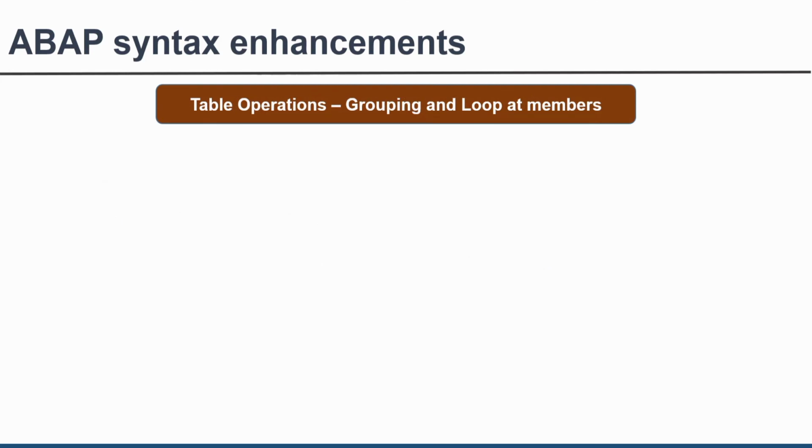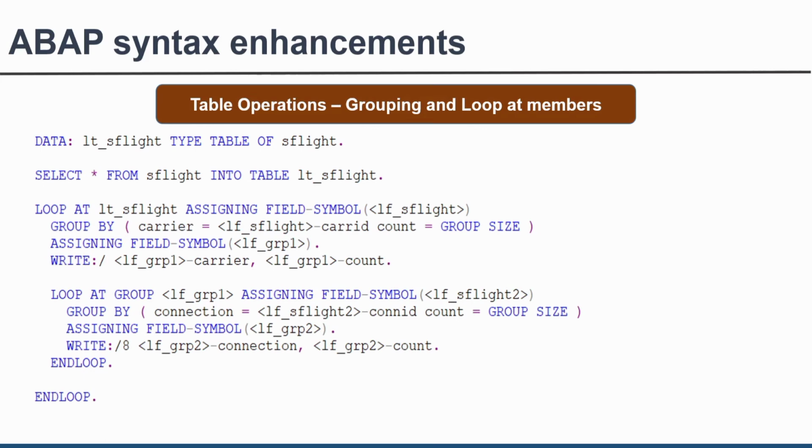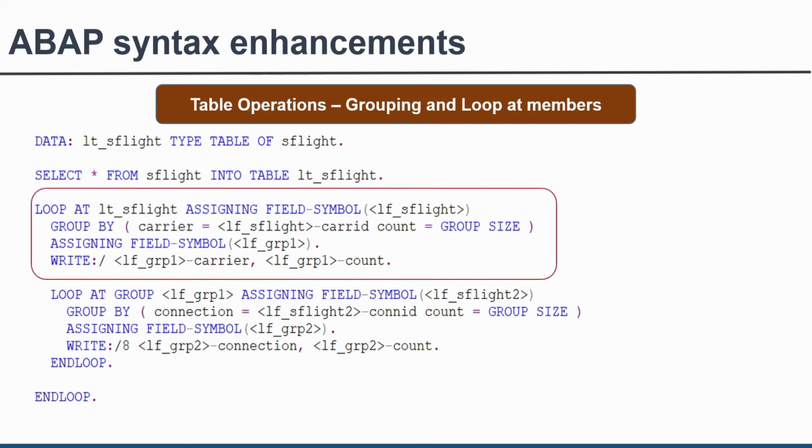Consider the example given on the screen. Here it is grouping and looping at the members. The first loop and the group by statement group based on carrier ID. That means it forms a subgroup with unique carrier ID.